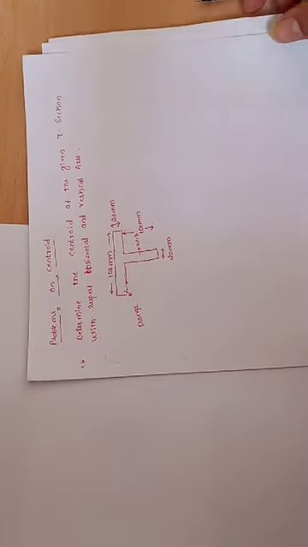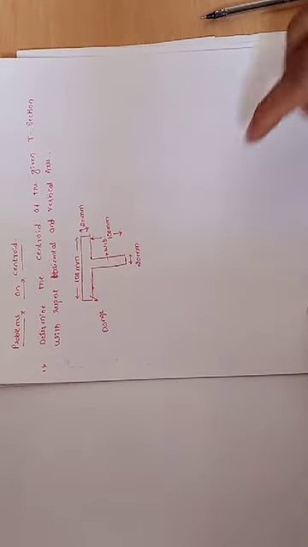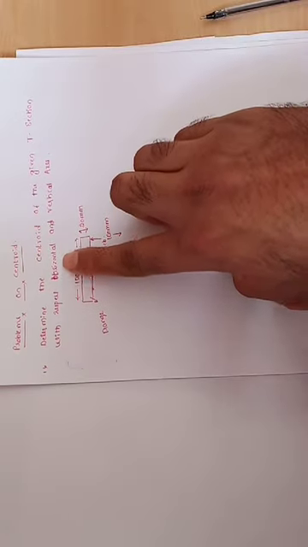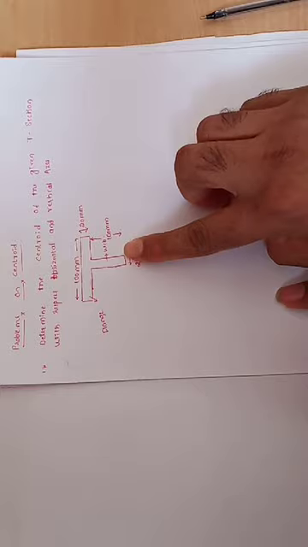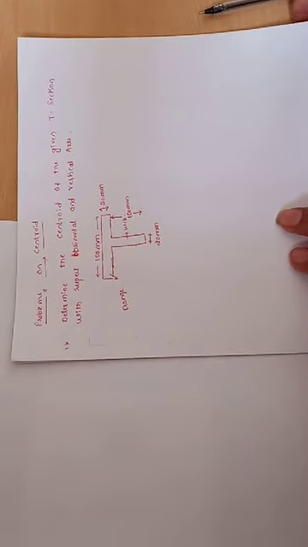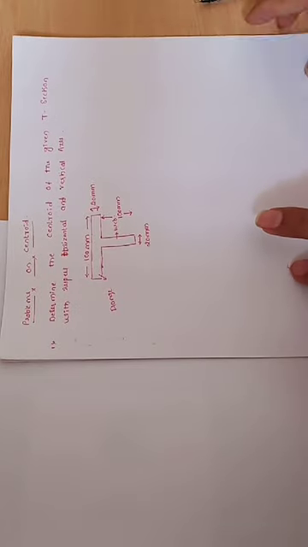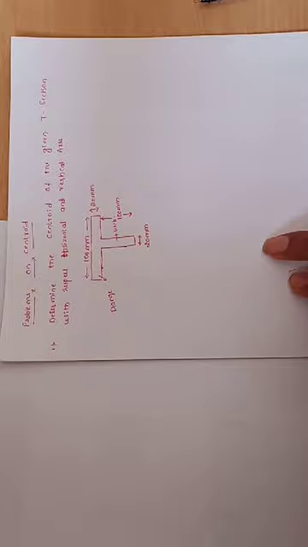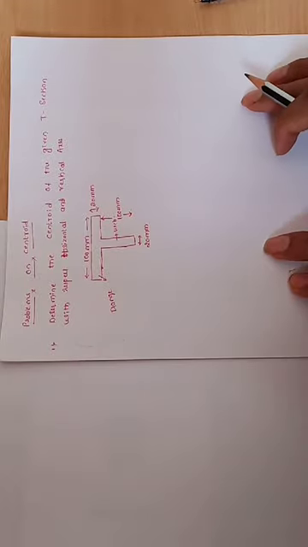Now if you look at this statement, what is it talking about? Determine the centroid of the given T section with reference to horizontal and vertical axis. He has just given a T section. So first we have to check whether any axis of reference has been given.